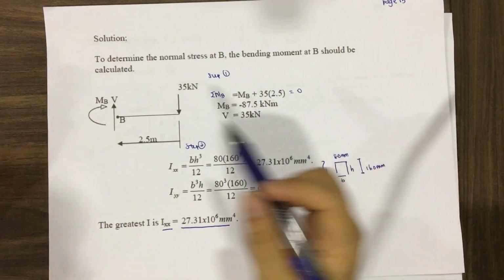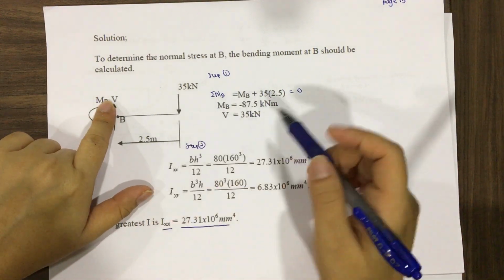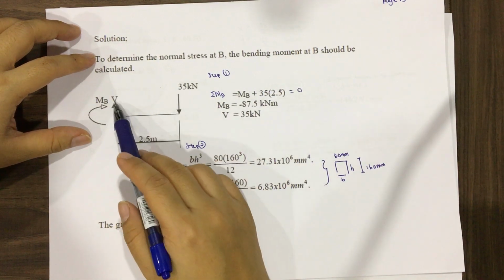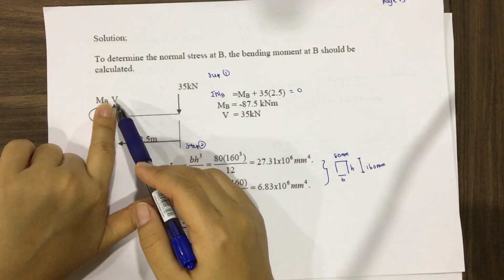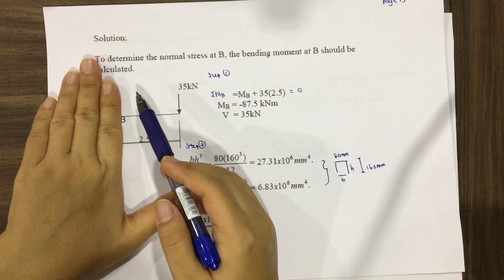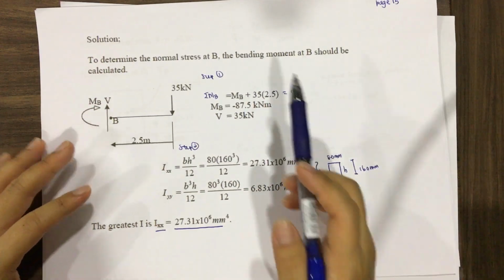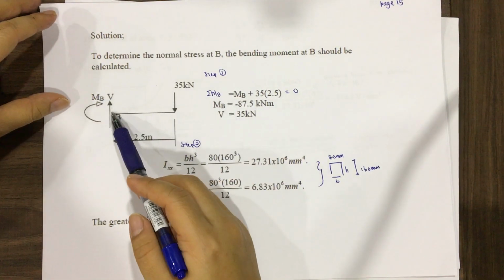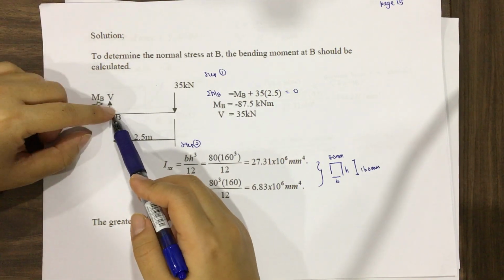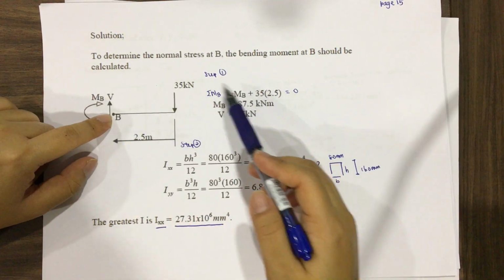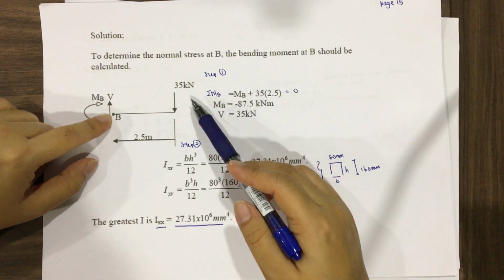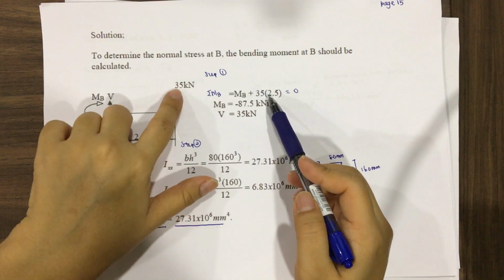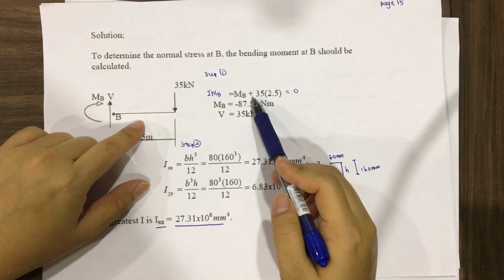Just like the previous example, we need to know the bending moment and then the shear force. So we can use the cut section method here, cutting before the support. Total MB, we can cut at the point B. So MB plus 35 times 2.5, because this is clockwise, so this is also positive.